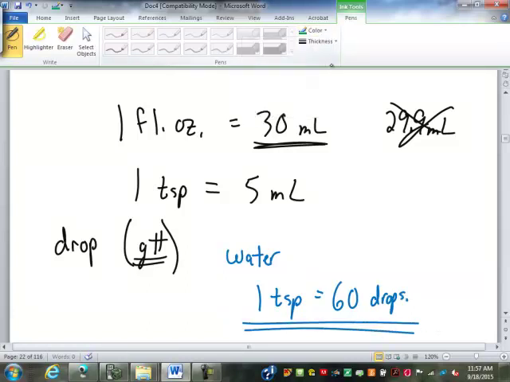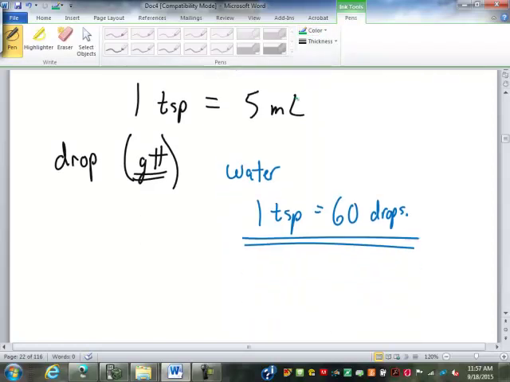Again, that's for water. If we have something thinner than water, like alcohol, 1 teaspoon might be 70 or 80 drops. Something thicker, like a glycerin or something like that, 1 teaspoon might only be 30 drops. So now if you look at this, since 1 teaspoon is 5 milliliters, that means that if we're dealing with water, 1 milliliter is only 12 drops.